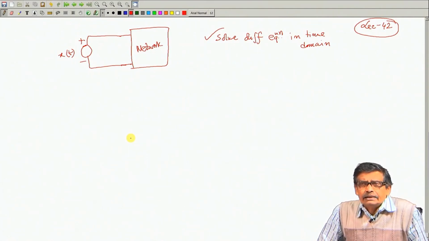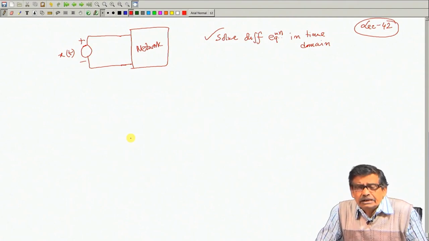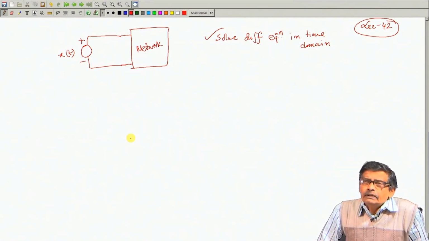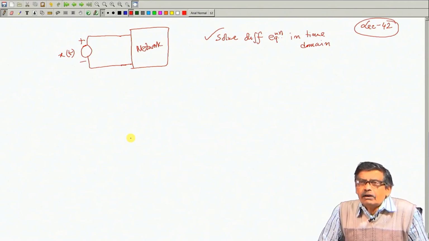It is born when you do some switching in the circuit, and after some time it dies down, and finally only the steady state current exists.